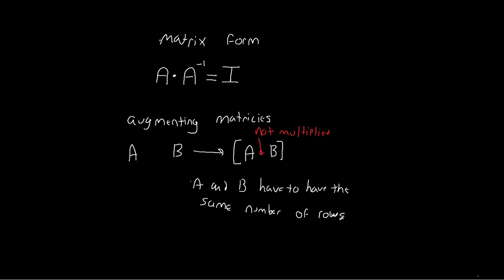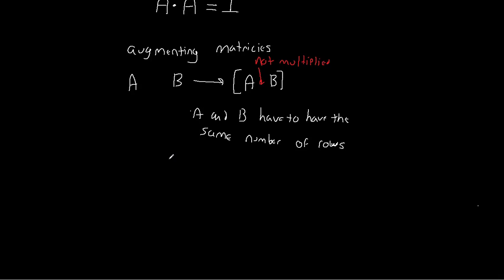Okay, so what I want to do is go through a couple of quick examples of what augmenting matrices look like. I'm going to do it first with letters, so you see that this works for anything, and then I'm going to go through a couple of concrete examples here.